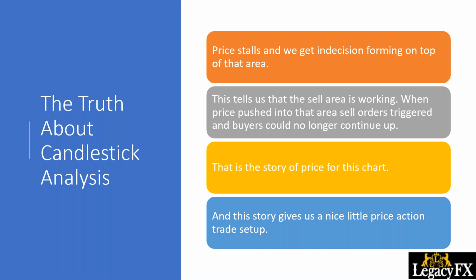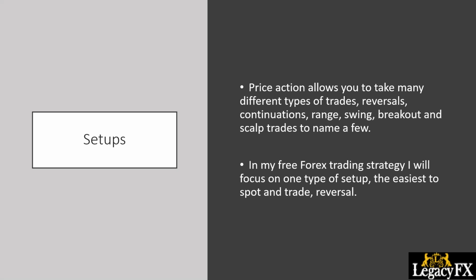So what we use is a simple candlestick analysis as the second part of our trading strategy. We haven't decided to buy or sell something yet, but this story gives us a nice little price action trade setup. Price action allows you to make many different types of trades: reversals, continuations, range, swing, breakouts, and scalp trades.